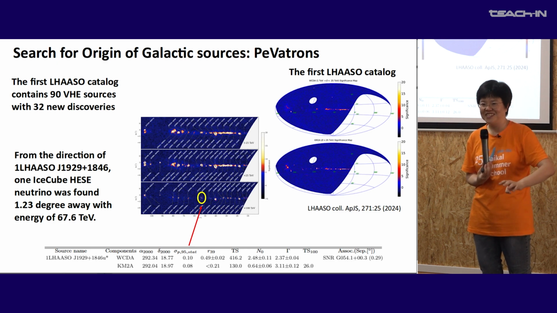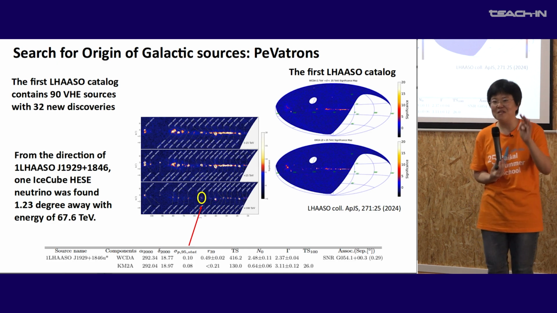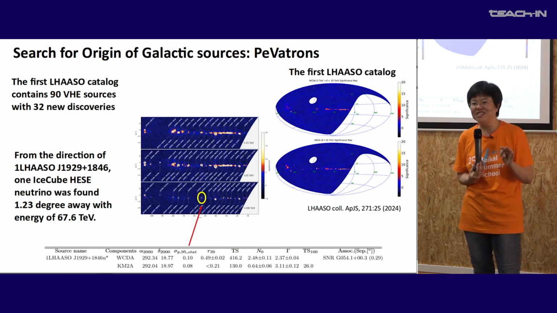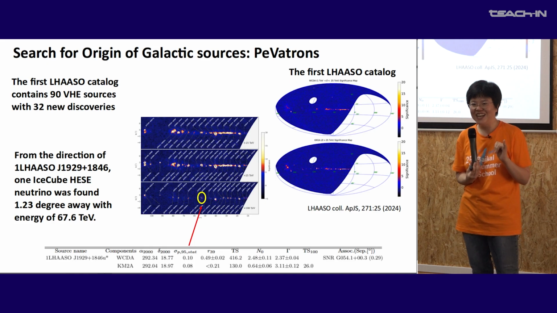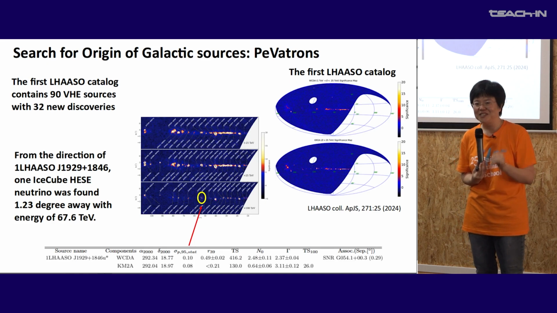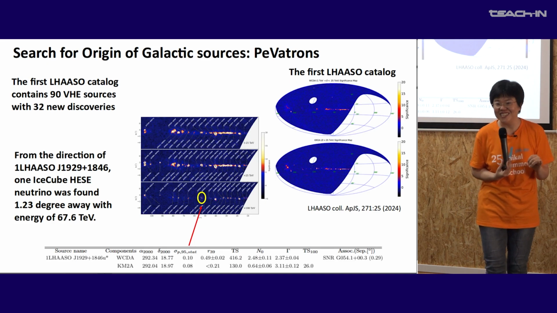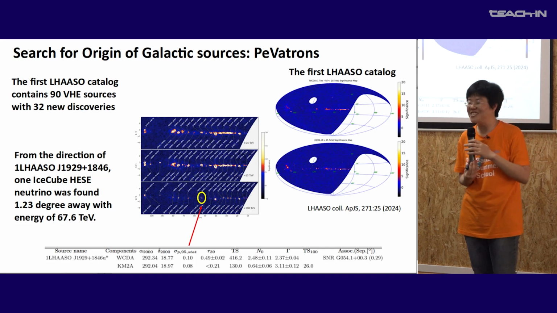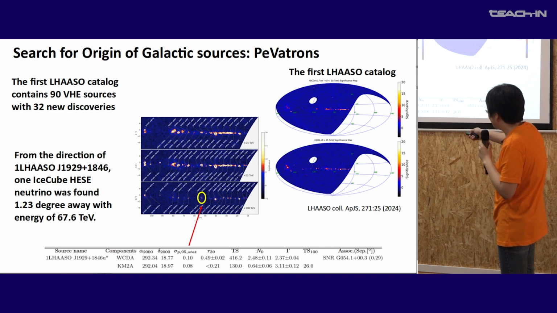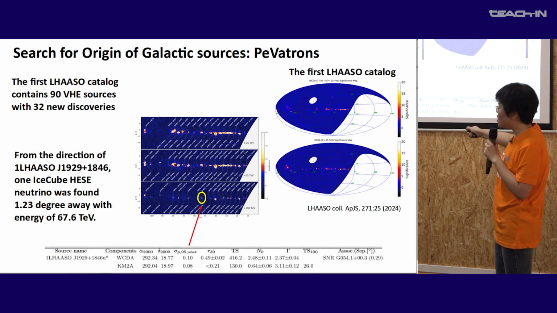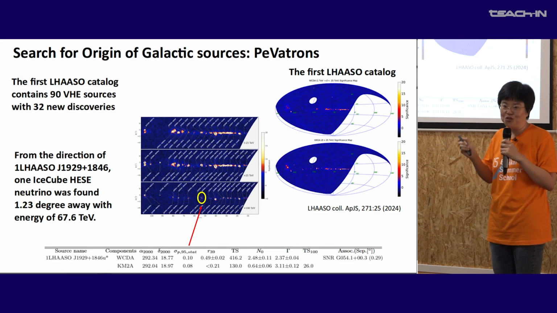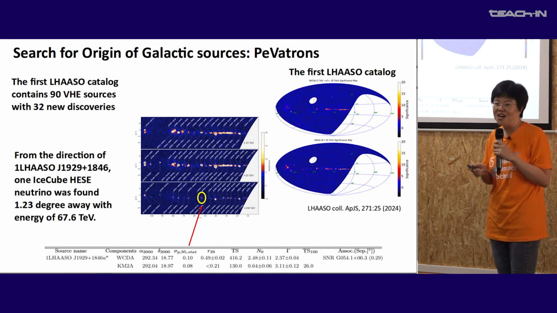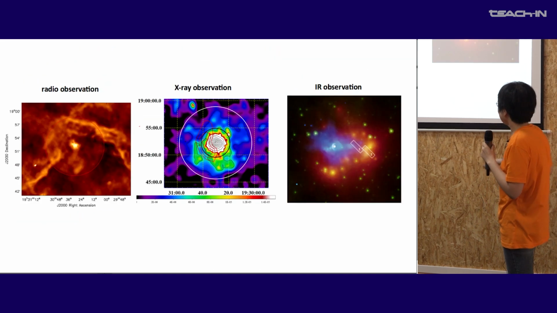Four factors: cosmic ray content, environment, the geometry, and whether it is transient or steady. So that's four factors. Let's do the study. We assume this one is indeed a neutrino source, and see what we should do.